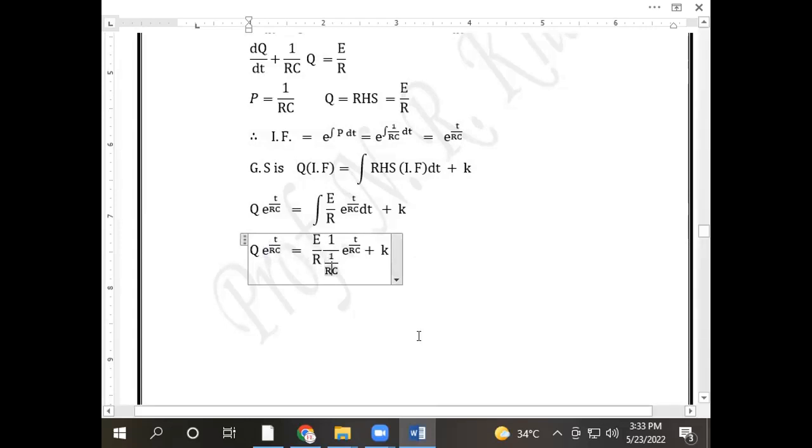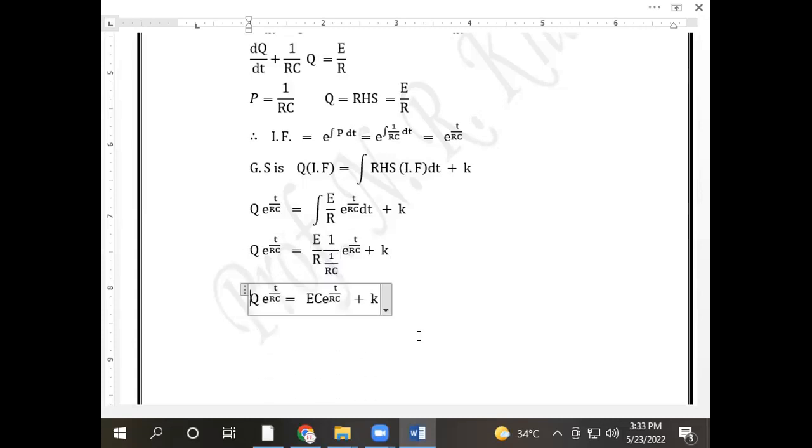The integration of e raised to ax is e raised to ax upon a. We are using that formula, so we get the solution of this particular term. This R and this R get cancelled. So we get Q e raised to t upon RC is equal to EC e raised to t upon RC plus k.